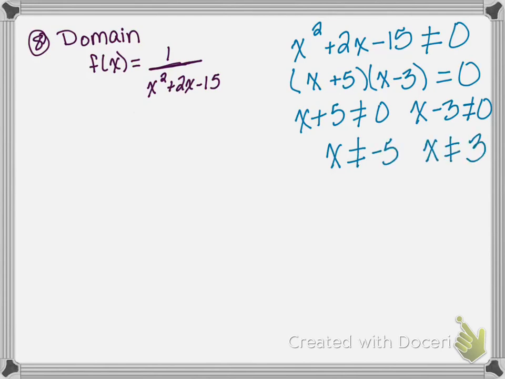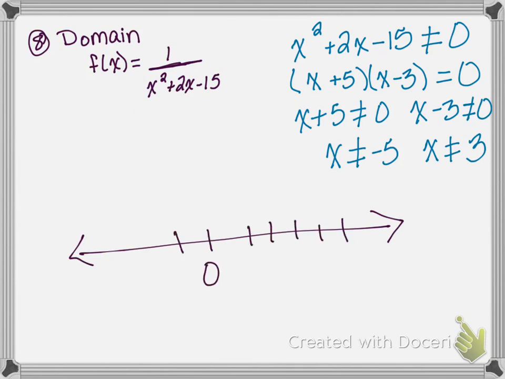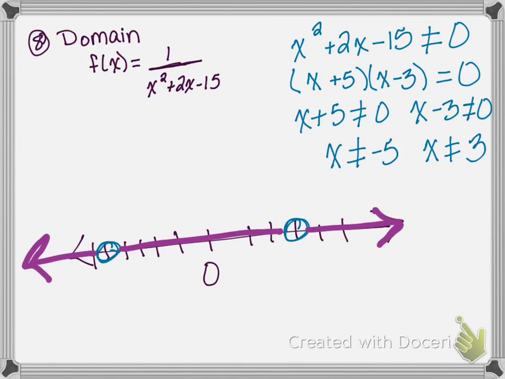Now, at this point, I would encourage you to draw a number line. Here is positive 3, and here is negative 5. All of this is part of my domain, all of this is part of my domain, and all of this is part of my domain.